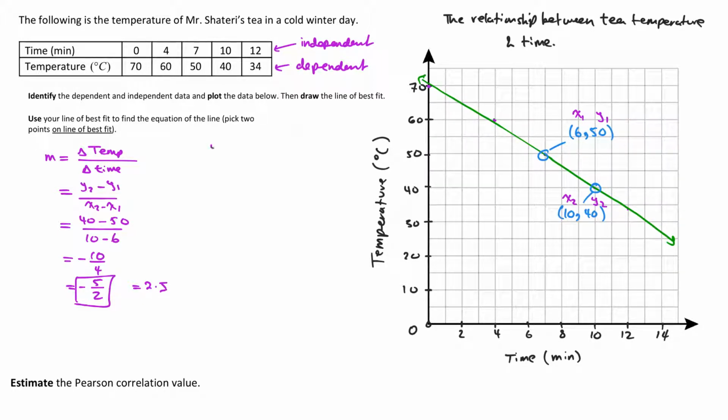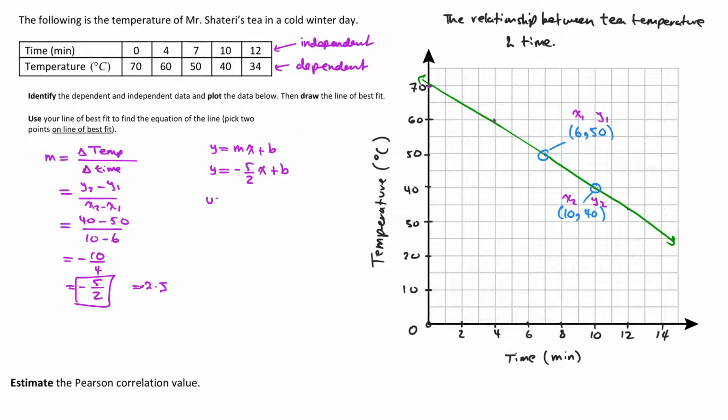Now, I know that my equation is y is equal to mx plus b. I've already found my m value, or sorry, this should be negative 2.5, or negative 5 over 2. And this is x plus b. So I can choose one of the points on my line and find my b value.